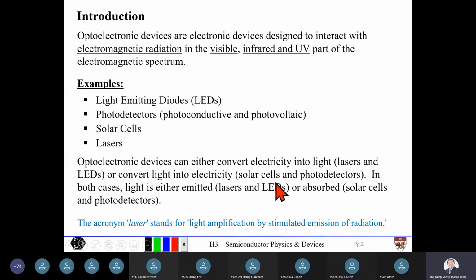Devices that convert light into electricity are photodetectors and solar cells, and devices that convert electricity into light are lasers and LEDs.